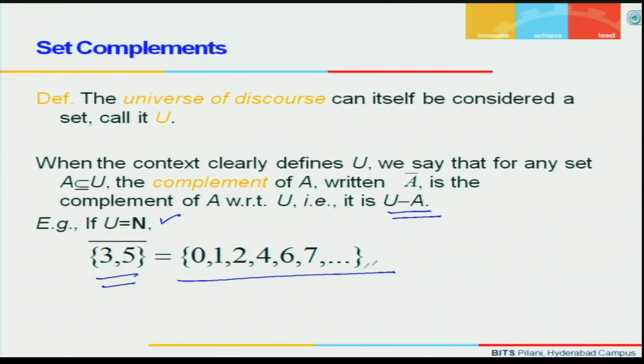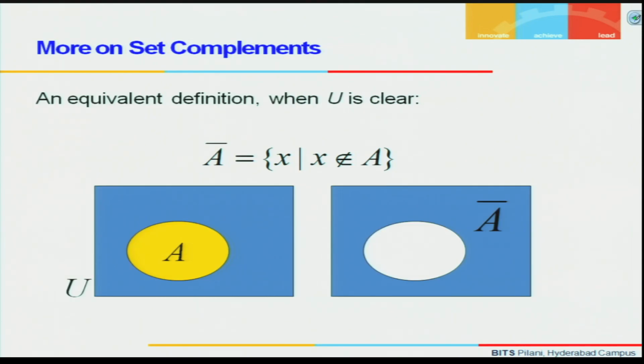All the natural numbers excepting 3 and 5. This blue portion is the whole universe of discourse, and it contains a set called A. Then A bar represents all the blue portion, subtracting the yellow portion. All this is A bar. This is called the definite complement.